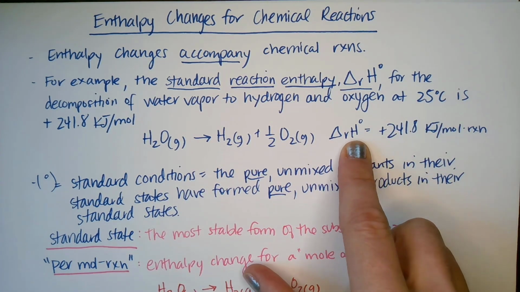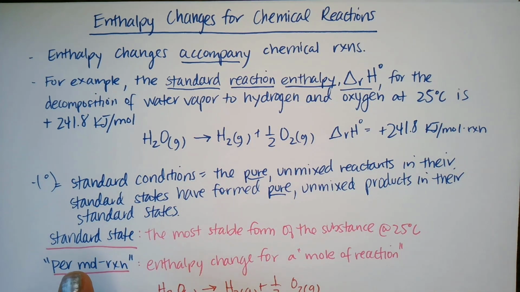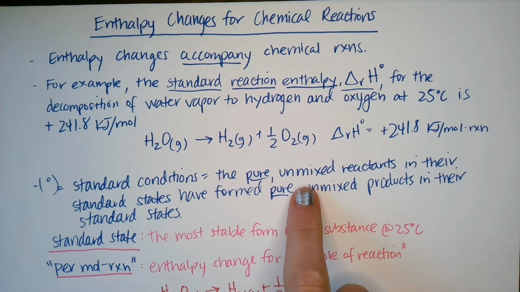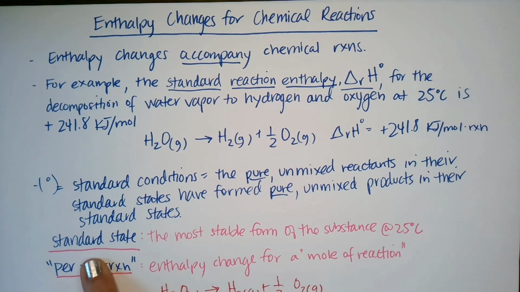So there are several important things to know about what this ΔrH° means. This designation of ΔrH° as a standard enthalpy change, where the superscript, that little 0, the degree sign, indicates standard conditions, means that pure, unmixed reactants in their standard states have formed pure, unmixed products in their standard states.